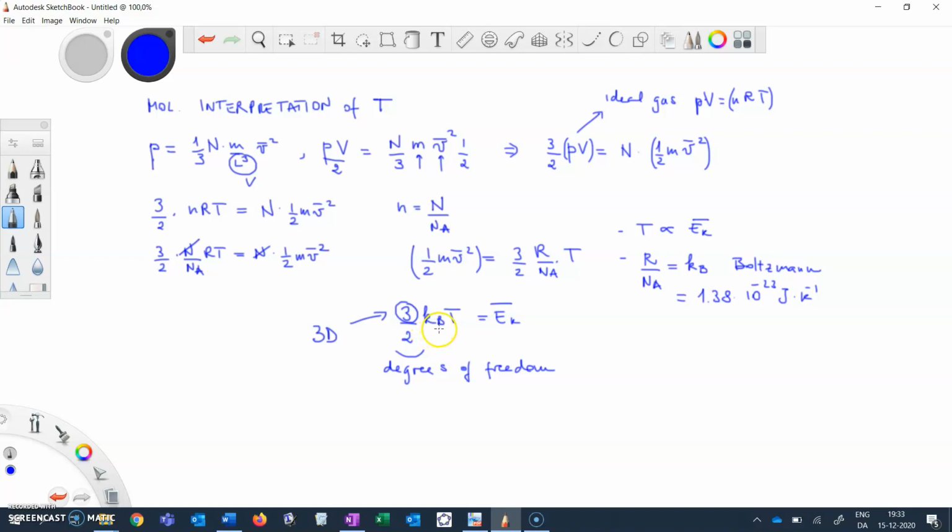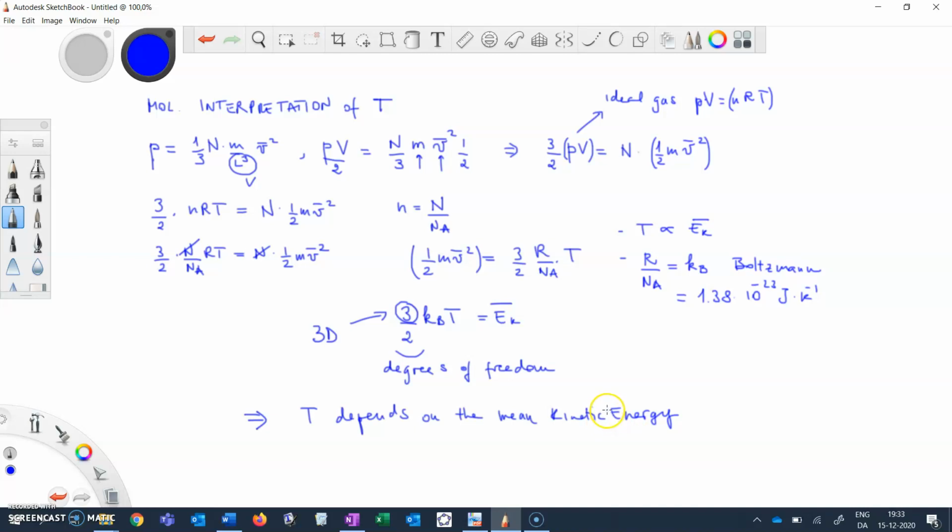Yes. So what we discover, the really important message here, is that the temperature depends on the mean or average kinetic energy. And this is something that you must remember because it appears even in multiple choice questions.